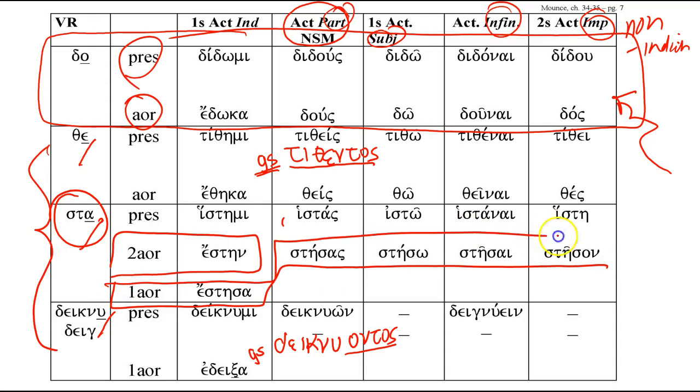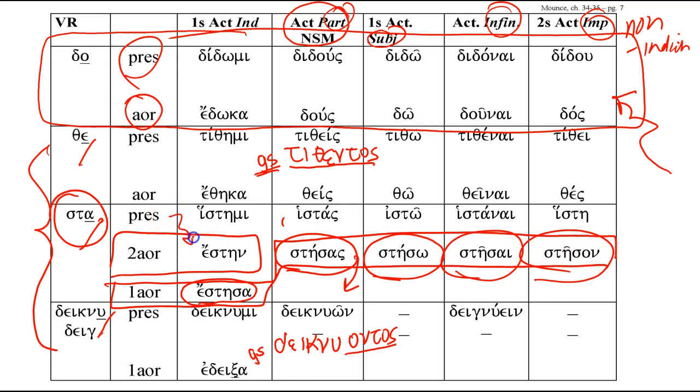So I should have put this column down here, but I'll just simply note it here. This is a first aorist form. This is a first aorist form. This is a first aorist form, and a first aorist form. The only time you see that second aorist being used is in the indicative mood, but in the indicative mood, not only do you have a second aorist form, but you also have a first aorist form there.